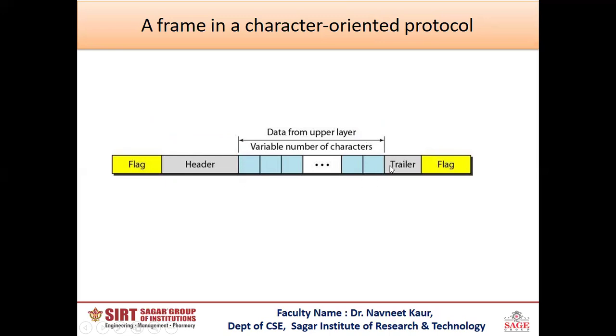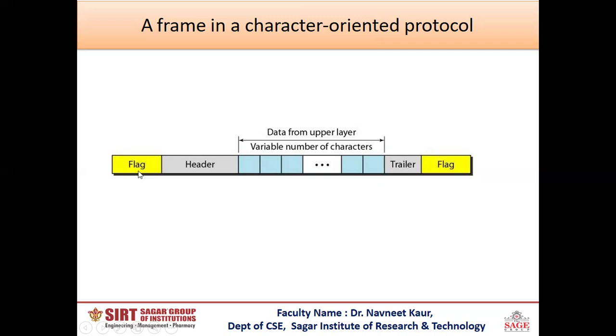This is the data which is obtained from the upper layer, which is the network layer, and this data has to be communicated to the receiver. When this data is received at the data link layer, this layer adds a header and trailer to this data. Now, in variable size framing which follows the character-oriented approach, 8 bits, that is 1 byte, is added for defining the beginning and the ending of the frame.